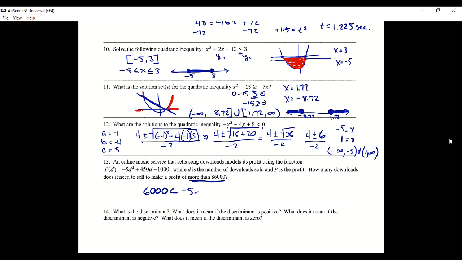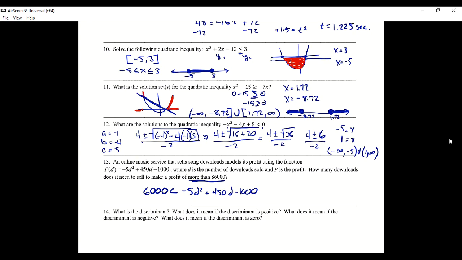Negative 5d squared plus 450d minus 1,000. Doing this on the calculator, we go to y equals. Clear our stuff out of y1 and y2. And we have negative 5x squared, again, plus 450x minus 1,000, and then y2, 6,000.